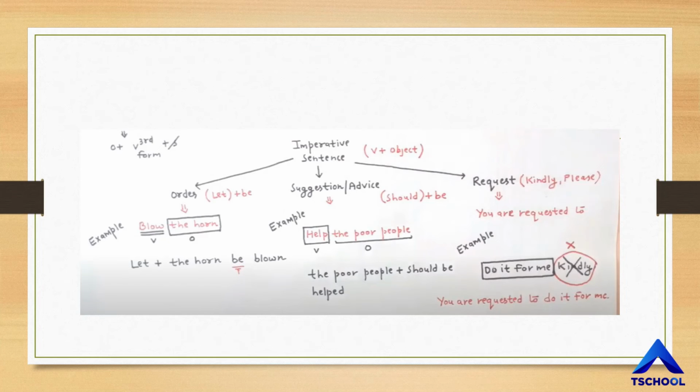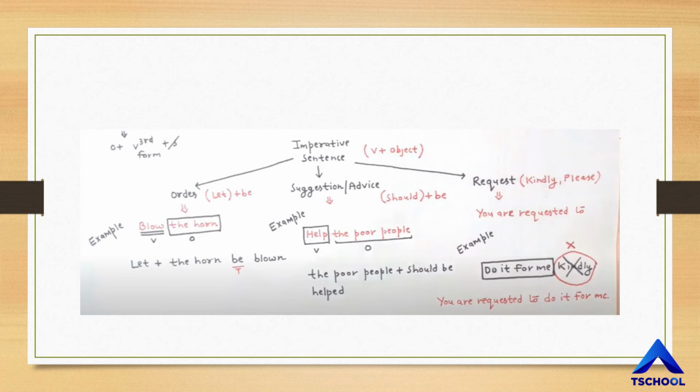So it would be very easy for you to identify what kind of character is speaking, whether giving an order, a suggestion, or a request. So you need to focus on the story while it is being discussed in the class. Then only you can identify what character gives the order, advice, suggestion, or request.